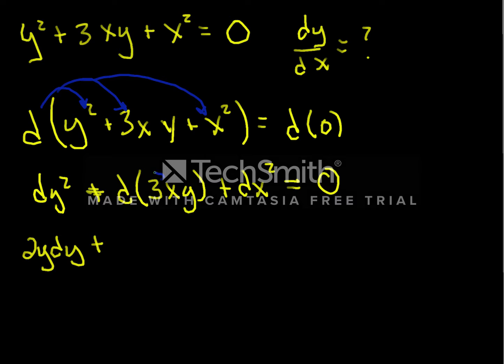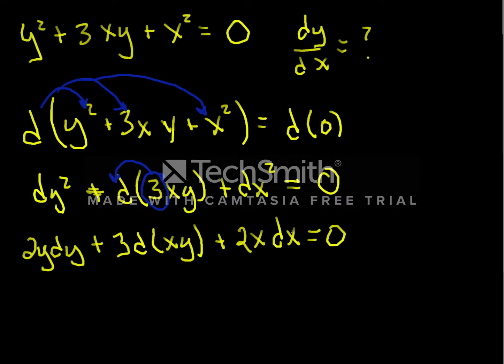This 3 just slides right out; it is not affected by the differential operator. So this is 3 times the differential of xy, and then the differential of x squared is still going to be 2x dx.